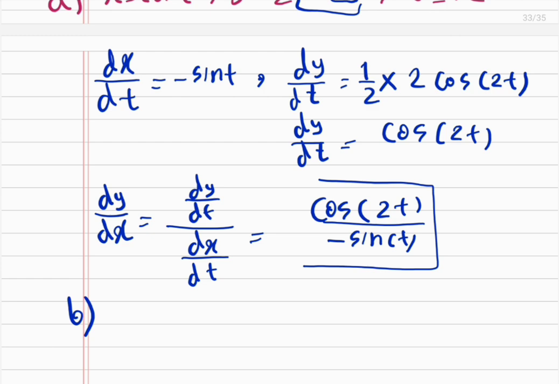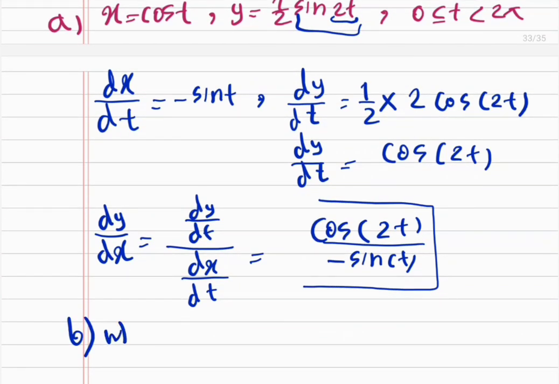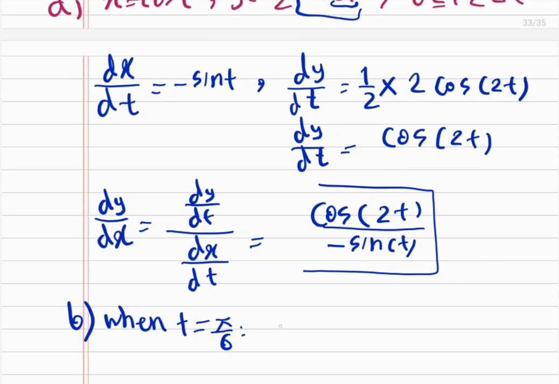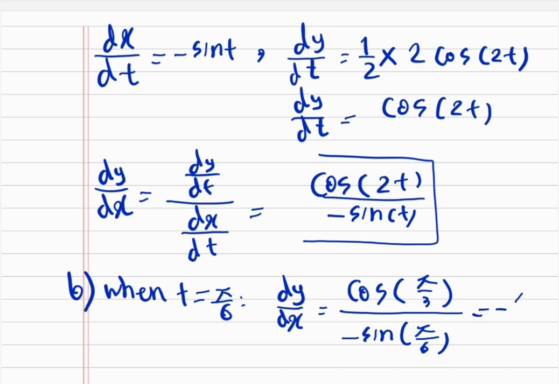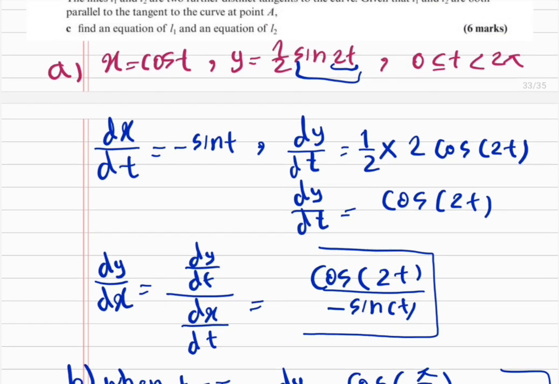That gives us the gradient at point A. So when t is equal to pi over 6, the gradient can be found by substituting pi over 6 into dy/dx. So cos 2t, where t is pi over 6, 2 times that is pi over 3, and then in the denominator we just have minus sine pi over 6, and that gives us the value of minus 1. So minus 1 is the gradient when t is equal to pi over 6 at point A.